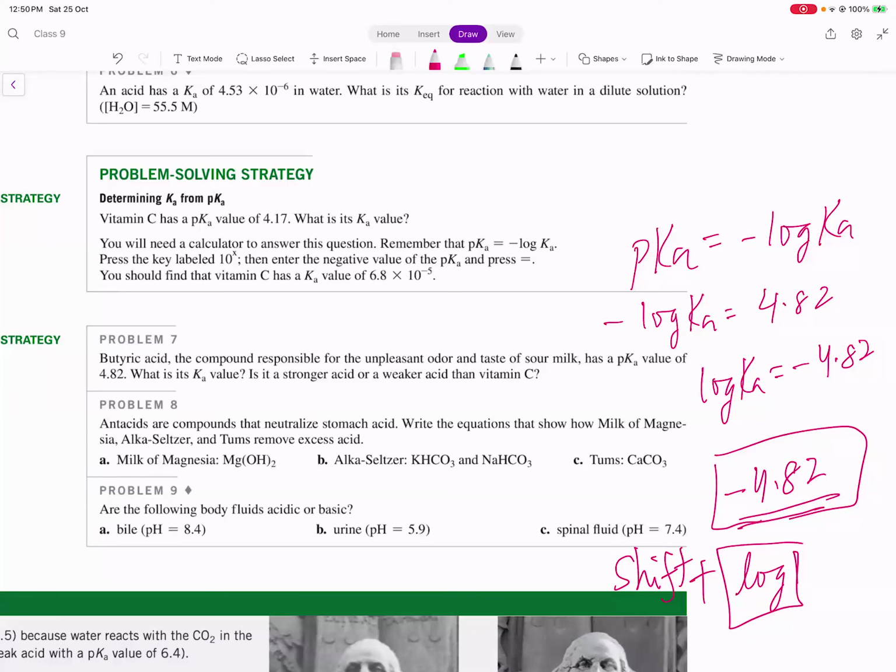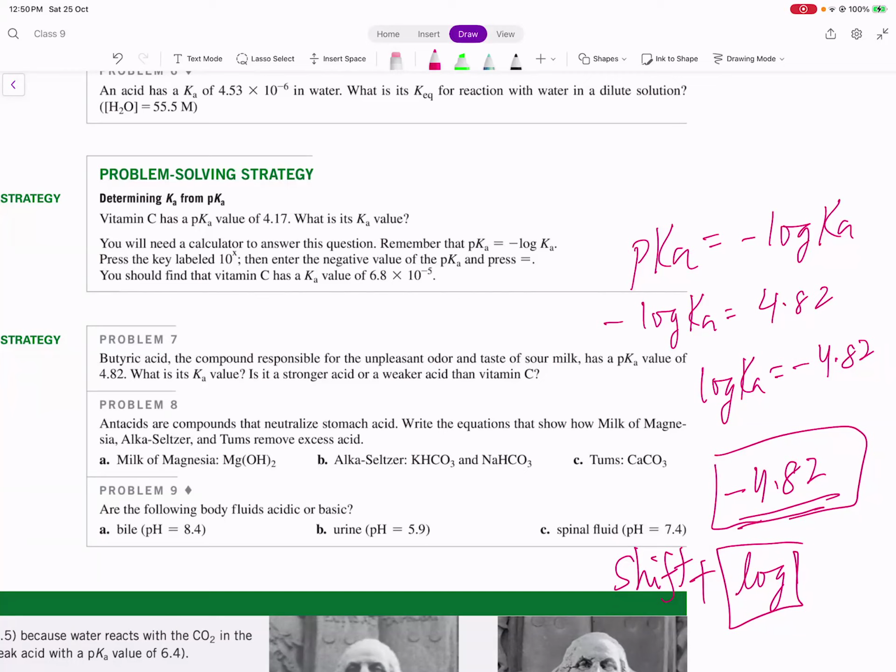You should get 0.0000151, so essentially you should get 1.5 into 10 to power minus 5. Are you typing minus 4.82? Yes, sir. Then you are pressing the shift button? Yes, sir.